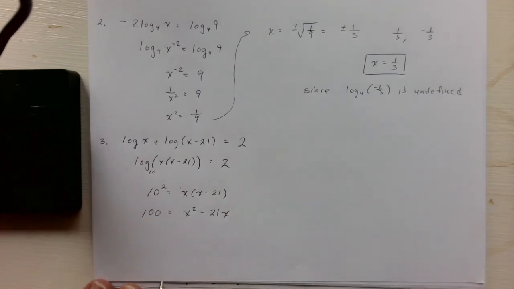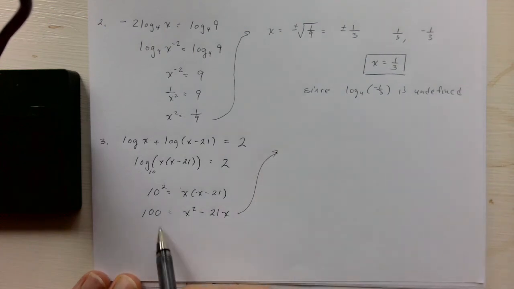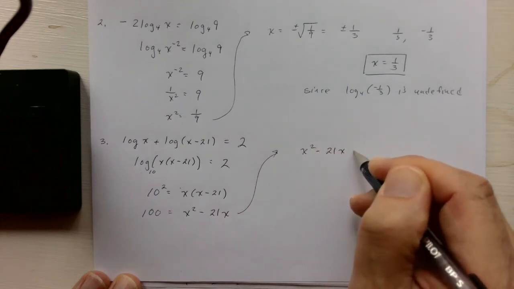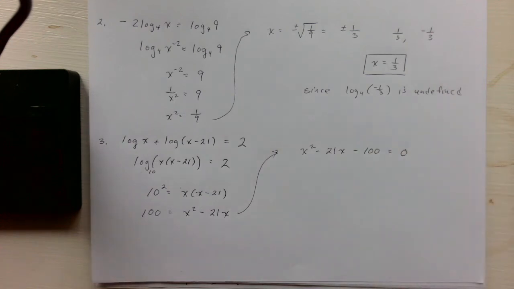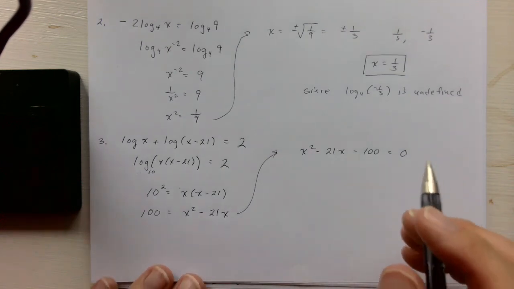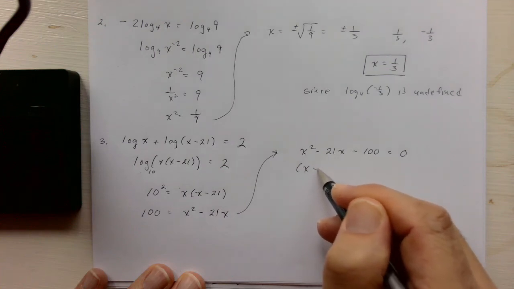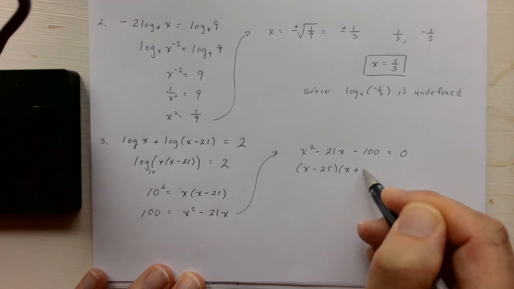And distribute the x. You can see this is going to be a quadratic equation, so we'll put everything on one side. We can subtract 100 from both sides. And we can use the quadratic formula if we want, or we can see that we're very fortunate this factors nicely as x minus 25 times x plus 4.